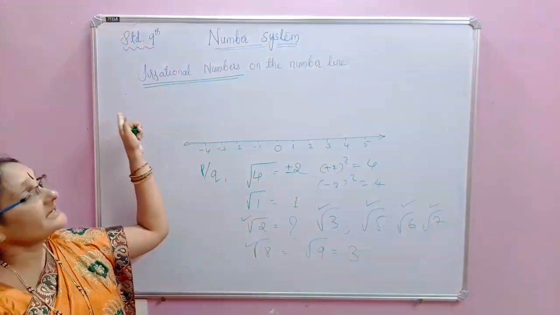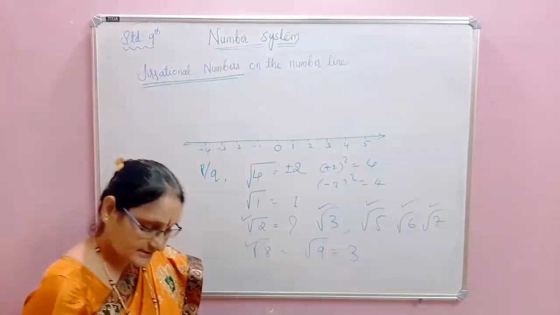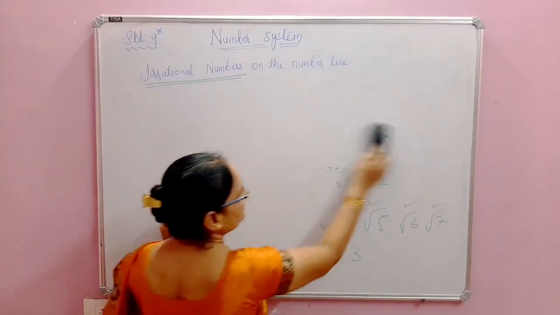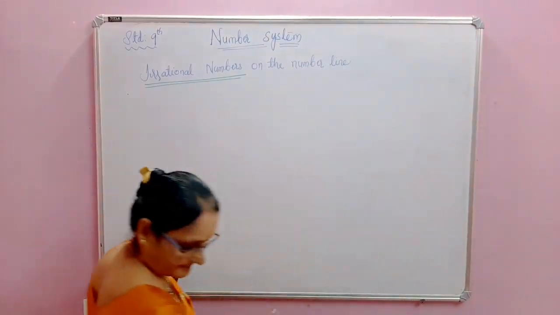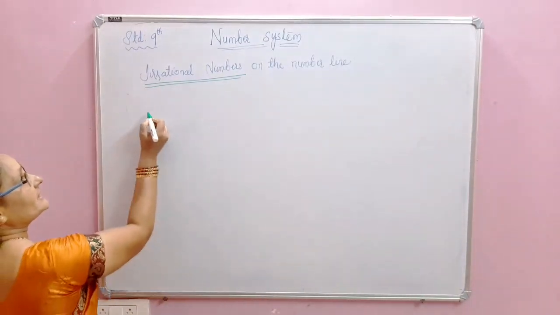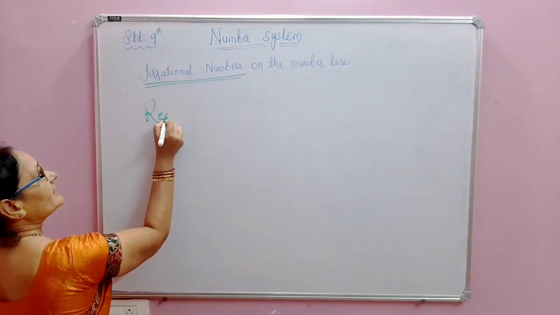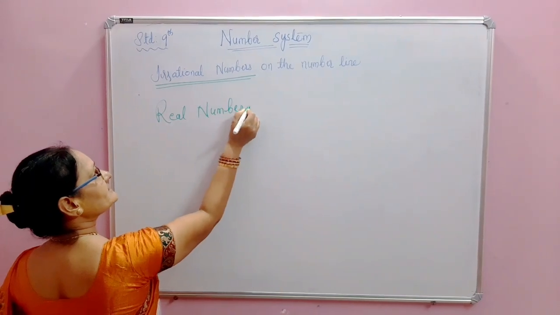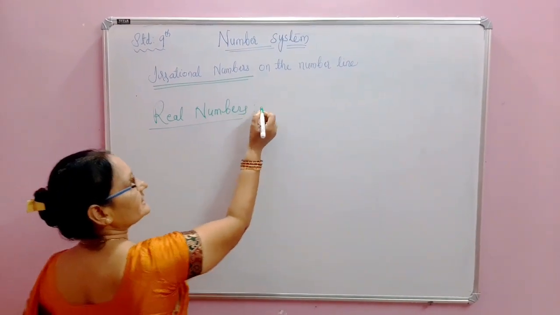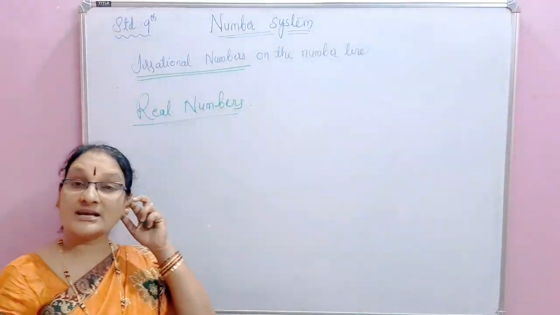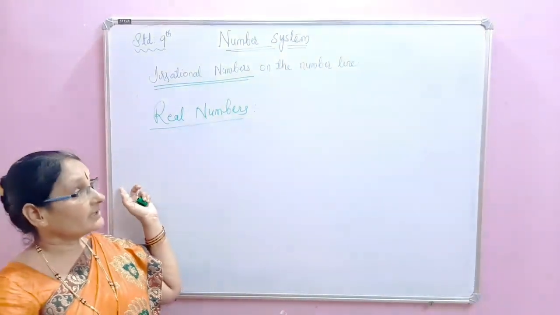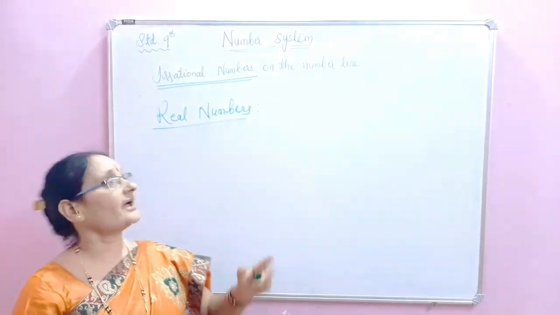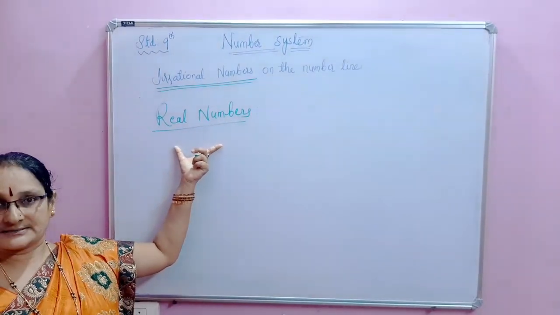Now see, the set of rational and irrational numbers together forms the real number system. Real numbers include rational and irrational numbers. So rational and irrational numbers together are called real numbers.